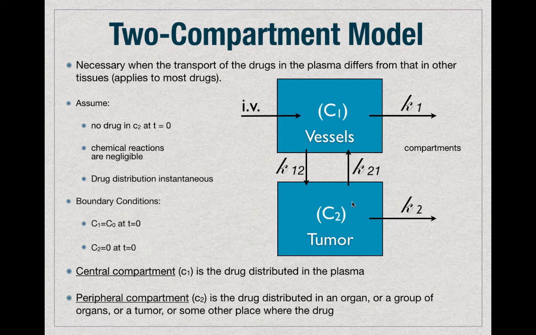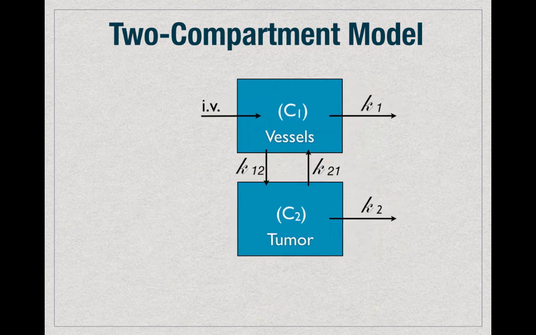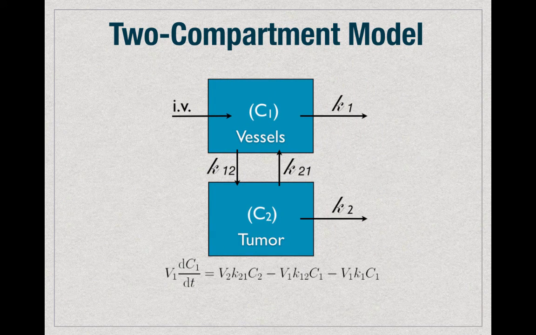But of course anything that goes in can also go back into the vessels from the tumor, and so that's a constant K21. Those two rate constants mean that the drug is staying in the system. However, the elimination constants K1 and K2 are removing the drug from the system. There's another term that we have to introduce into this, and that's a volume term.